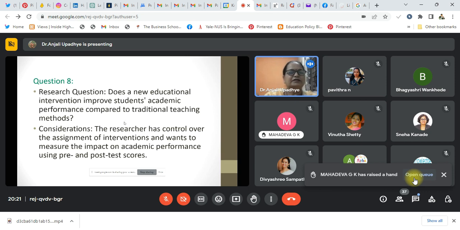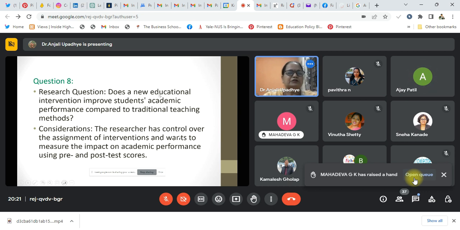Question number 8. Does a new educational intervention improve students' academic performance compared to traditional teaching methods? Yes, ma'am. Definitely. Then how should I select the pre-test and post-test course?